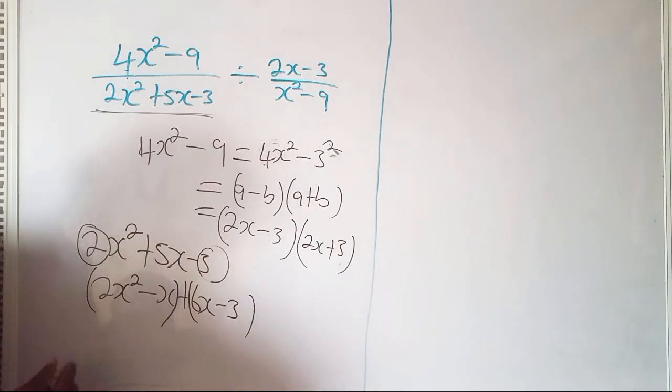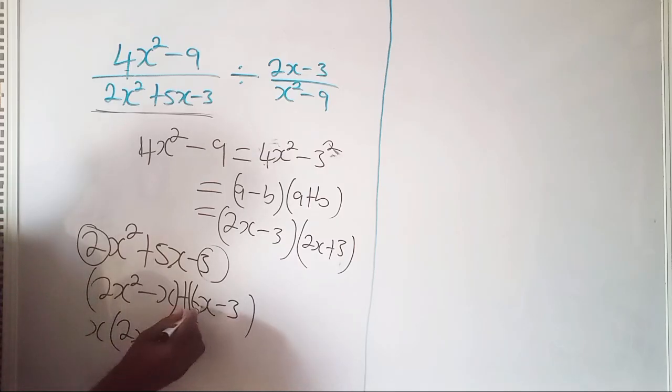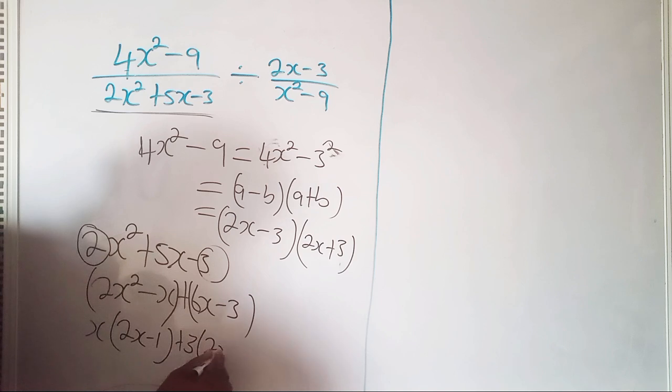Here the highest common factor is x. Let's take it out, and we have 2x minus 1. For the second, the highest common factor is plus 3. Let's take it out, so here we now have 2x minus 1. So we have the two brackets equal.